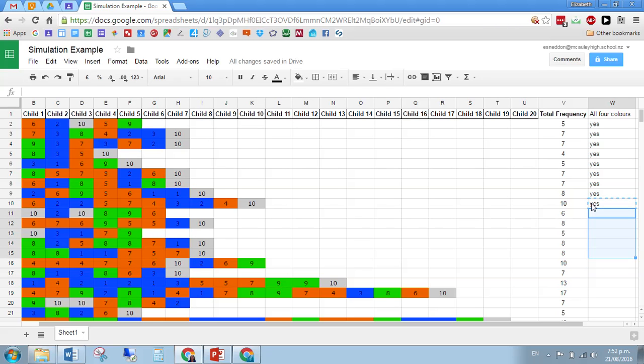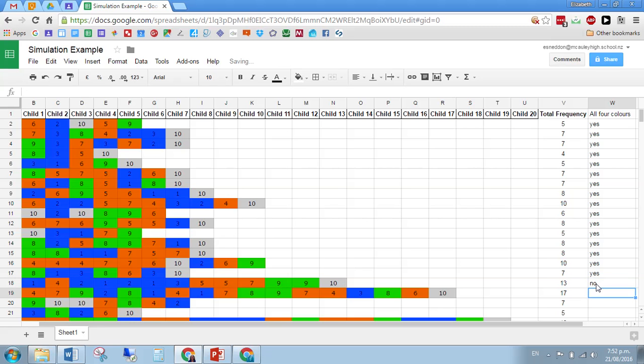So I'm just going to paste those ones because their numbers are all 10 or less. Then I get to this one which is number 13. This one says that by the time they got to child number 10, they still didn't have all 4 eye colours, and in fact it took them until child number 13. So the criteria is, if they had 10 children, would they have got all 4 eye colours?